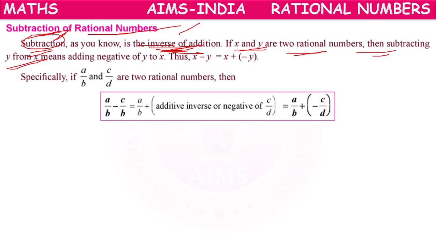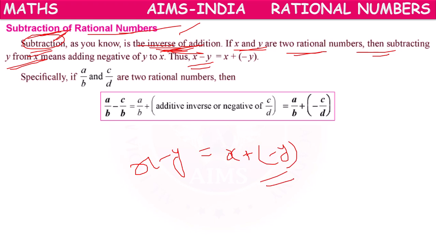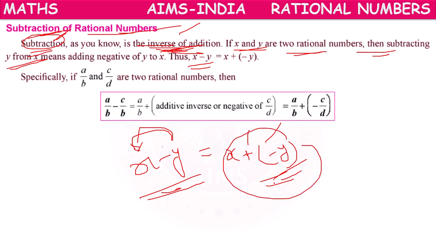Subtracting y from x means x minus y, which means x plus of minus y, adding the inverse of y to x. This is called subtraction of y from x. Subtraction of y from x is the same as addition of the inverse of y. So subtraction is an inverse process of addition.